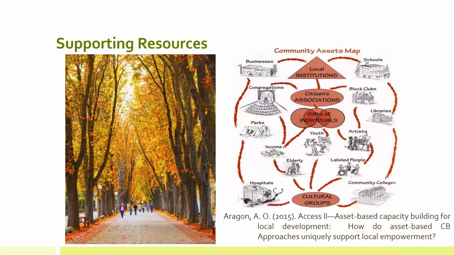There are also really great supporting resources in the guidelines. And so one of the things that we thought would be really helpful in establishing a community partnership in Bowling Green was looking at asset maps.